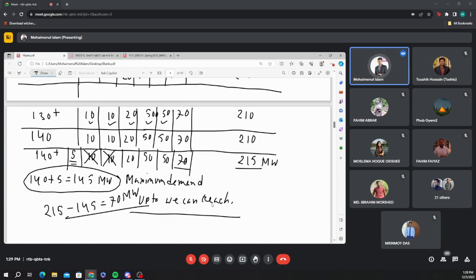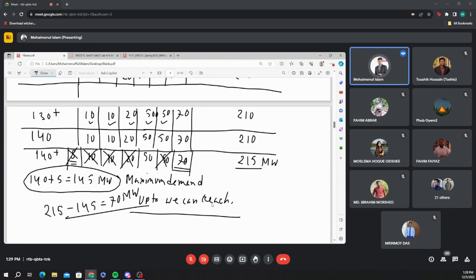The third generating unit, the maximum efficiency unit, will provide that 20 megawatt instantly. You don't need to worry, right? Suppose this 20 shuts down; a total of 40 megawatt it can provide. Suppose this 5 unit shuts down; whatever the value, 45 megawatt it can support. Suppose all the units are on, but 50 megawatt, somehow 150 megawatt, is in an outage condition, the extreme scenario, it can support. That is for protection purposes.